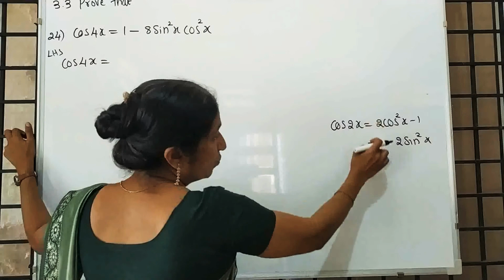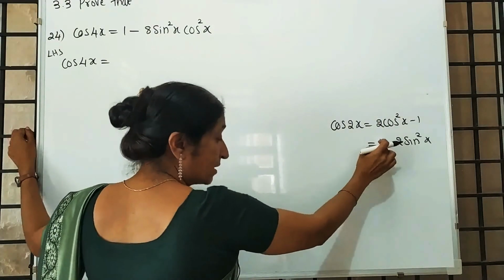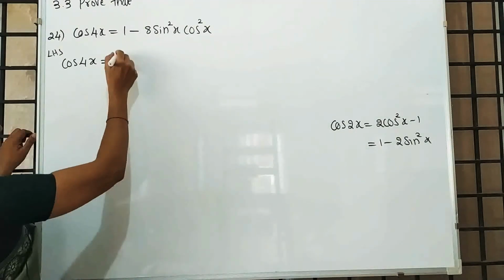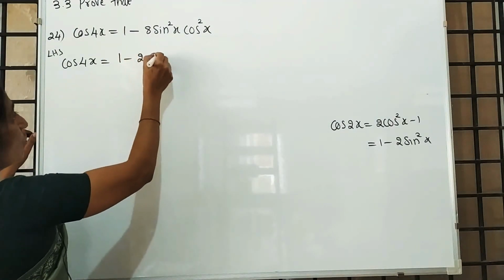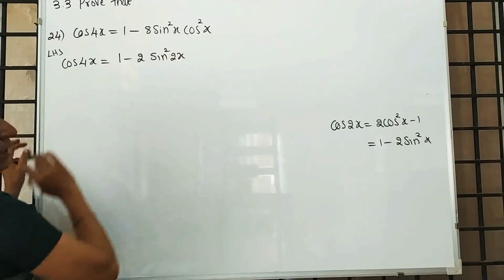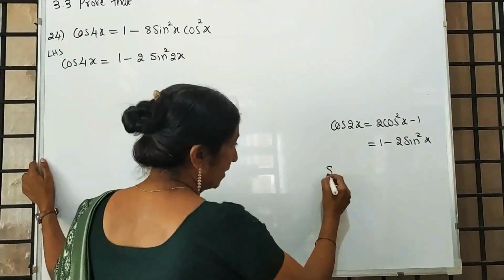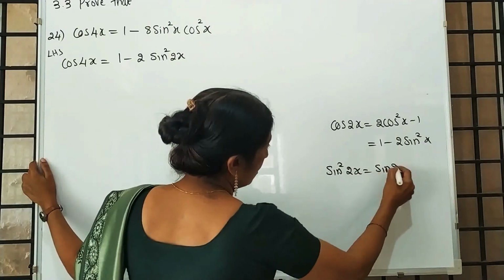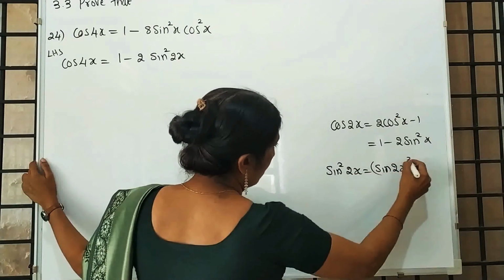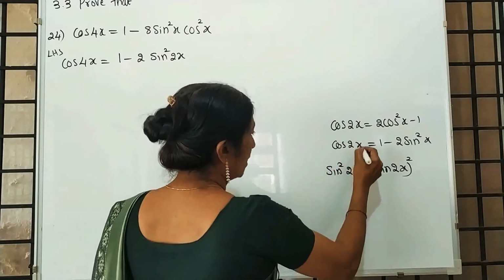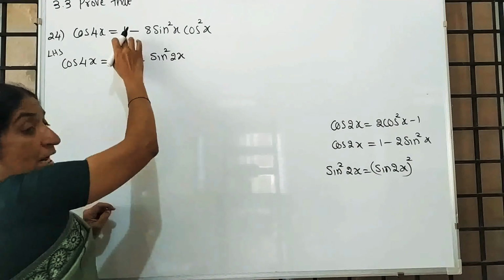Out of these two formulas, one starts with 1 first, only we have here. So write down the second formula: 1 minus 2 sin square 2x. Angle becomes half and we are familiar. Sin square 2x will be written as sin 2x whole square. Remember why we use the second one? Because in the answer on the right side the starting number is 1.